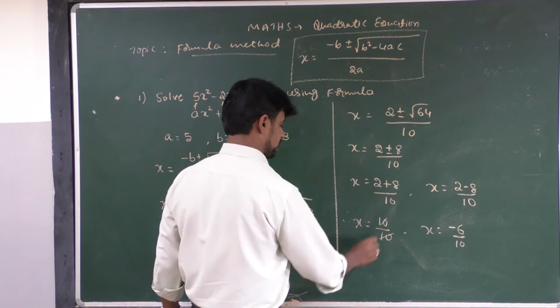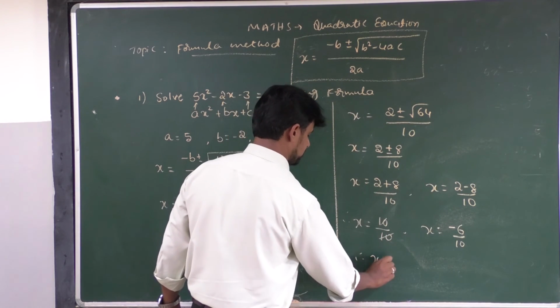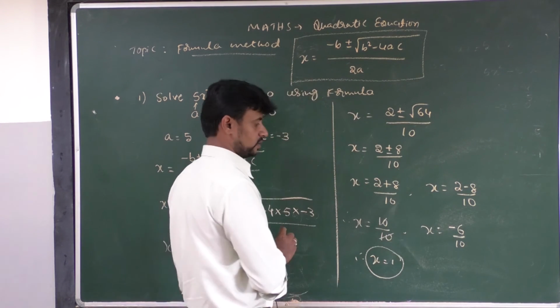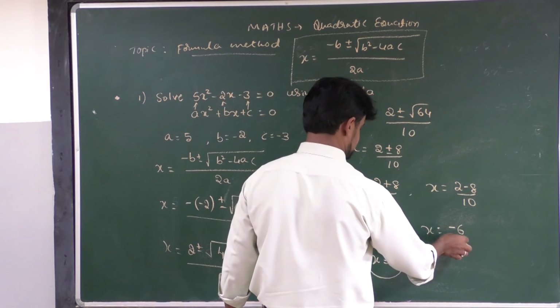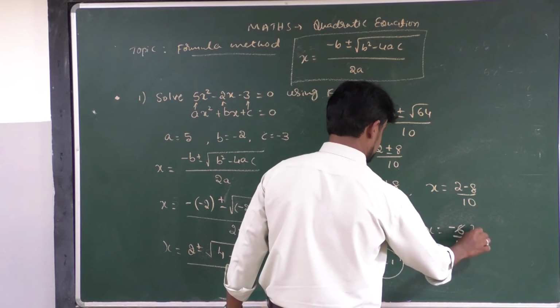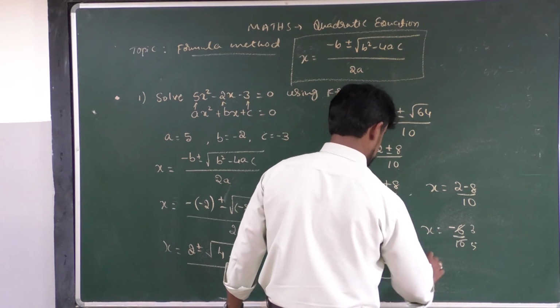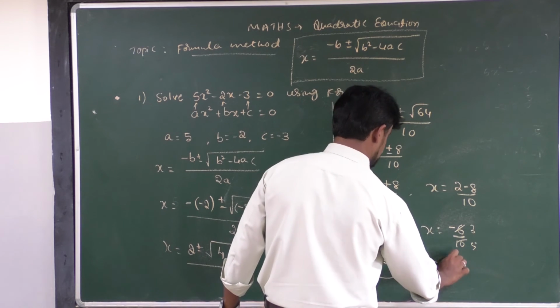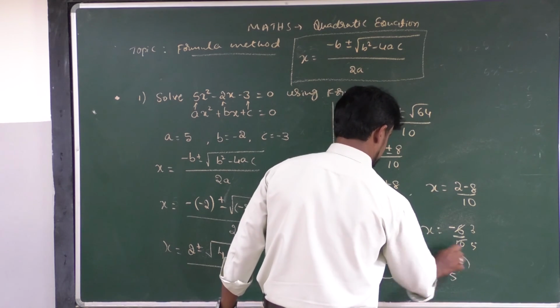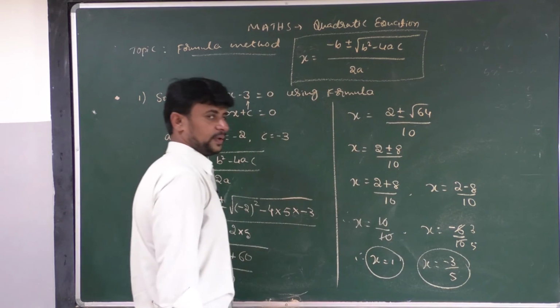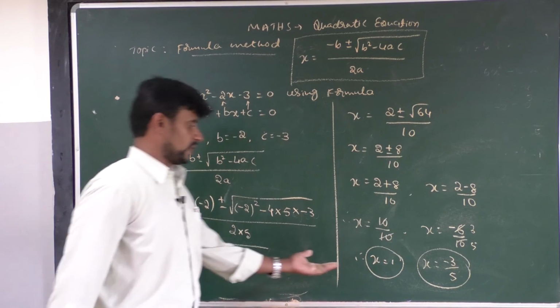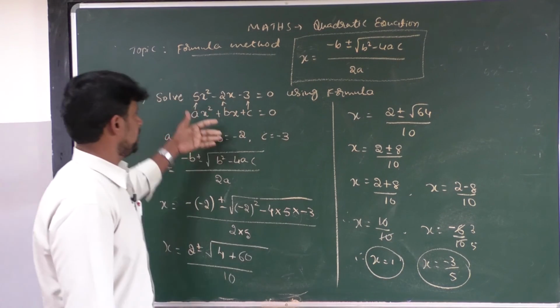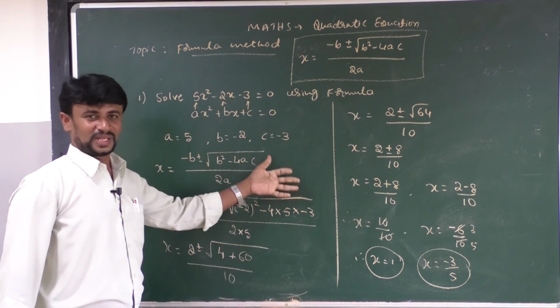Okay. 10 10 cancel. Therefore, the value of x is equal to 1, as well as simplification. If you do the simplification, it becomes 3s are 2, 3s are 6, 2 5s are 10. Therefore, the value of x is equal to minus 3 by 5. This is the way to find the values of x by using the formula method.